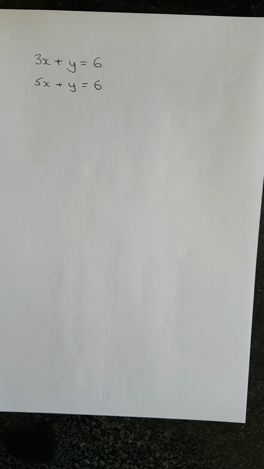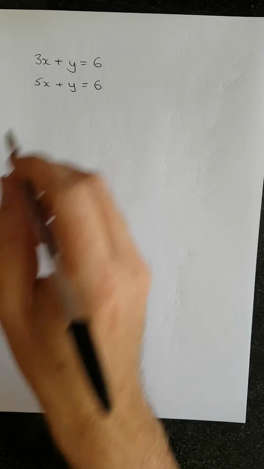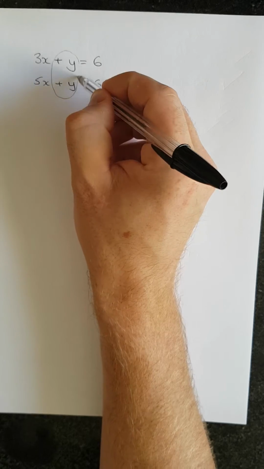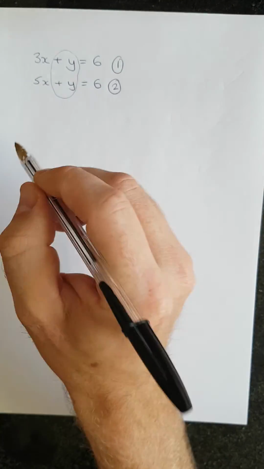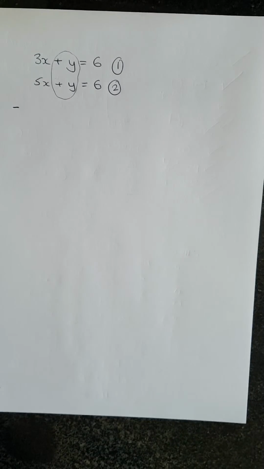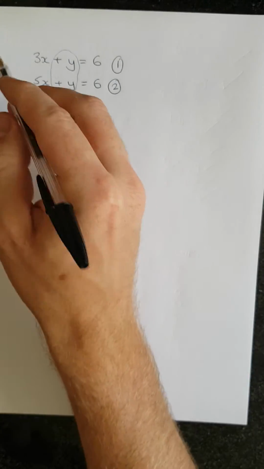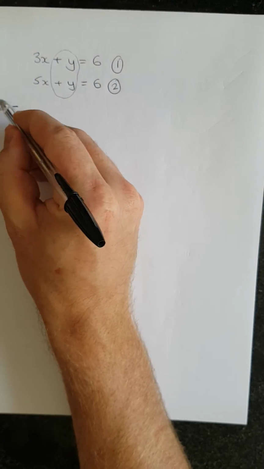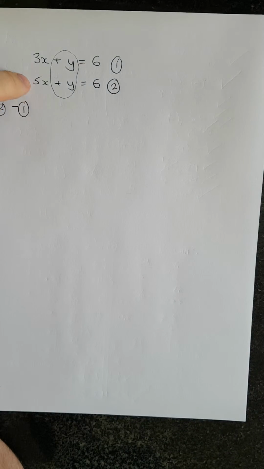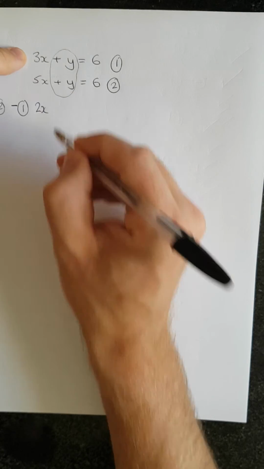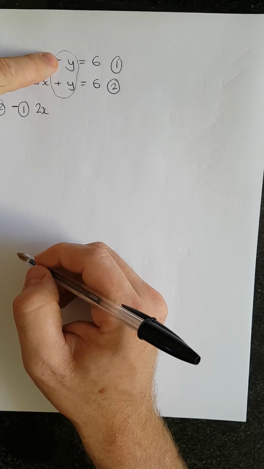Hopefully you've paused it on the previous section or gone back if you need to, because that was tricky. This one might look a lot easier. Oh great, y matches. Straight away we can do a subtract. 5x over 3x, so we'll do 2, take away 1. 5 take away 3 is 2x. That disappears.